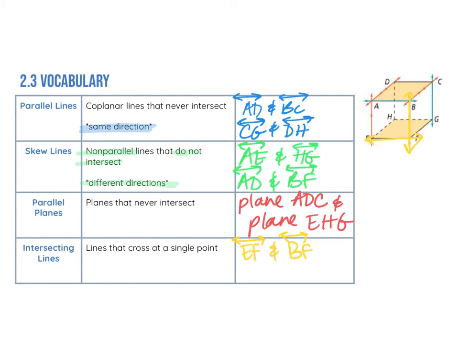And one thing to notice, if they're intersecting, they're going to have a letter in common, right? So if I look at another example, let's say BC and AB, those are going to touch at one single point, which is B. So when I name them and I say AB and BC, again, they have B in common because that's where they intersect.